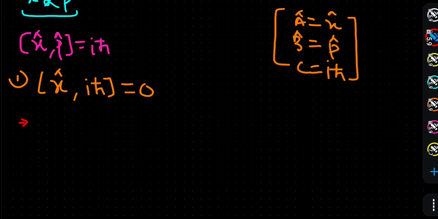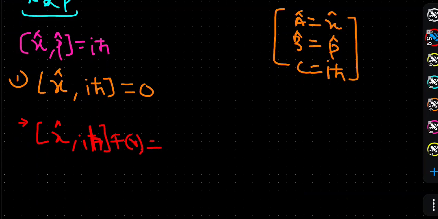So how are we going to prove this? Always pick a test function. Let's say our test function is f of x. We will evaluate the commutator of x and iota h bar on the test function f of x.